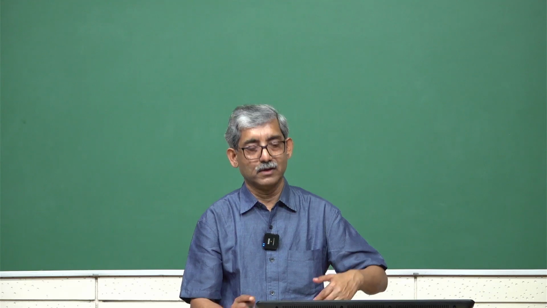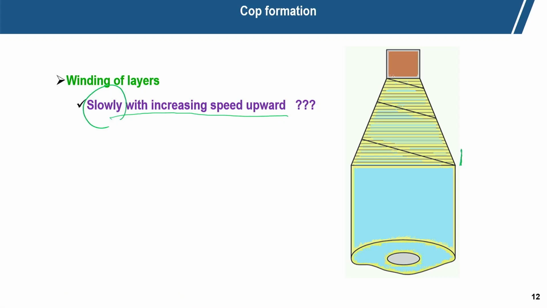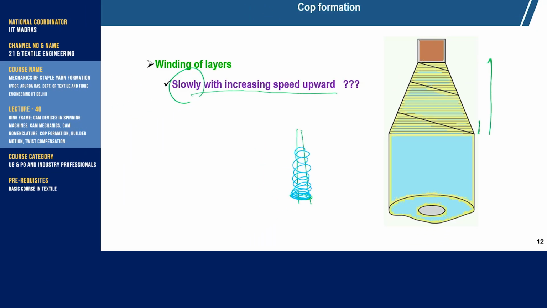That is why we move it at slow speed, but with increasing speed. Let me draw, this is a bobbin, and initially at the bottom the speed is slow, but while we are moving upward the speed is increasing, in this fashion.